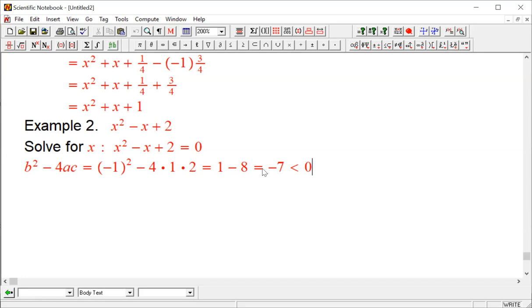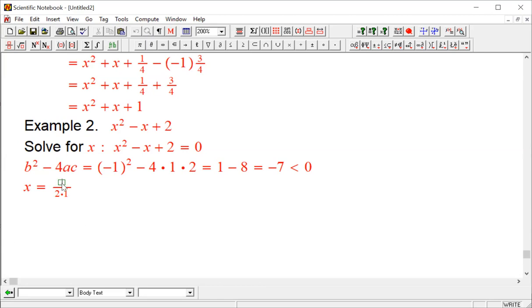Which is still very similar to what we did earlier in the first example. But by finishing b squared minus 4ac first, it makes plugging into the formula a little bit simpler.